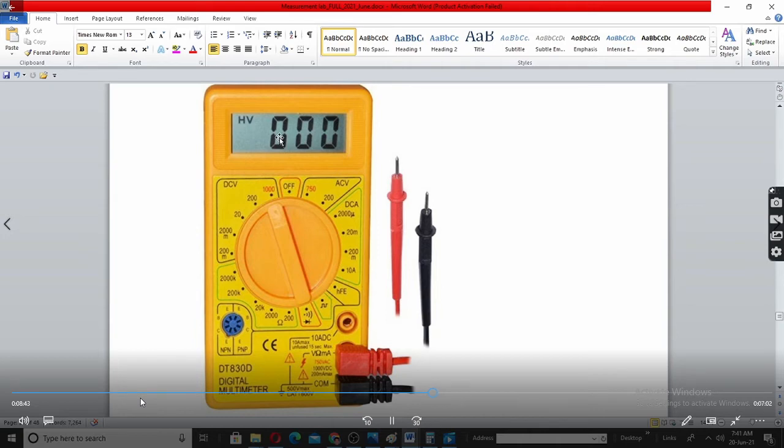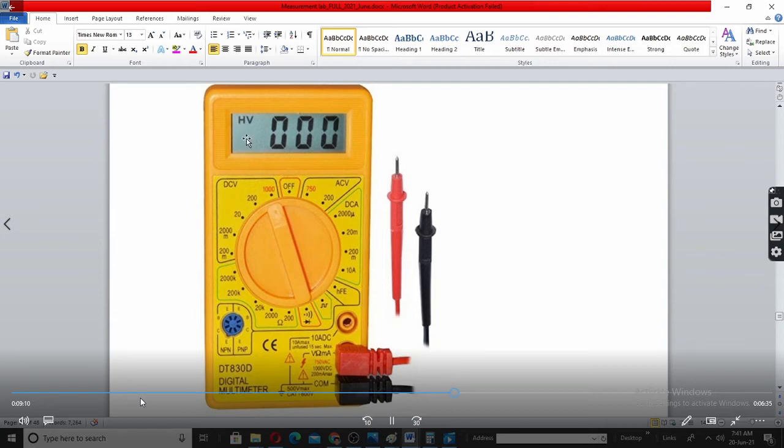Say around 500, 600, some reading. If you connect in the reverse polarity, that is anode to black and cathode to red, meaning cathode to positive, anode to negative, the multimeter will show digit 1 to the left.